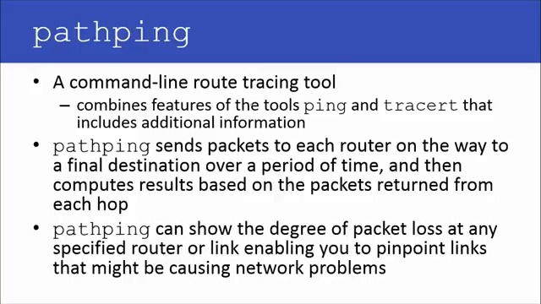It actually will compute results for each hop based on the packets returned from each router that your data visits on its route to its final destination. Really cool. It allows you to evaluate things in depth.